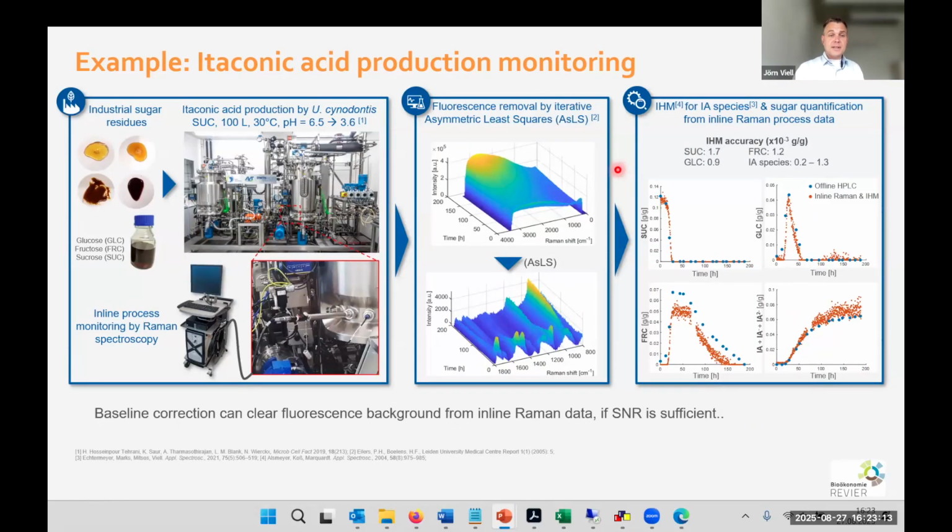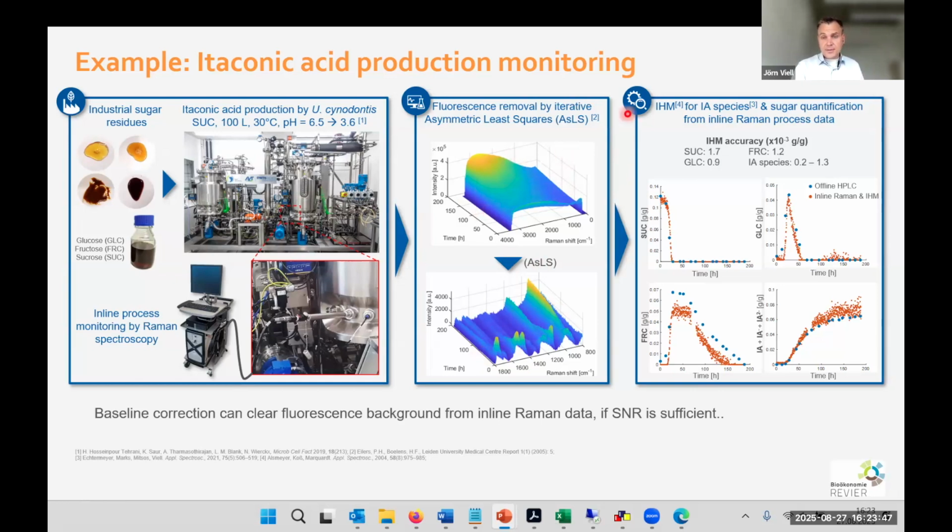In the middle, you see an example from a real fermentation where you hardly see anything else than just this broad background of fluorescence. But again, by certain mathematical corrections, you can clear this fluorescing background from the Raman data and still isolate the Raman peaks that are on top of this signal, if the signal to noise ratio is sufficient.